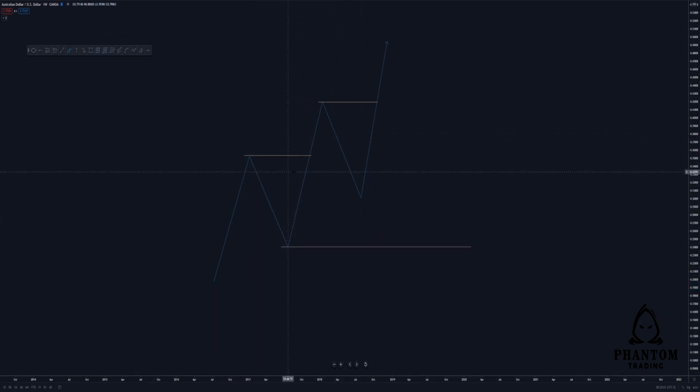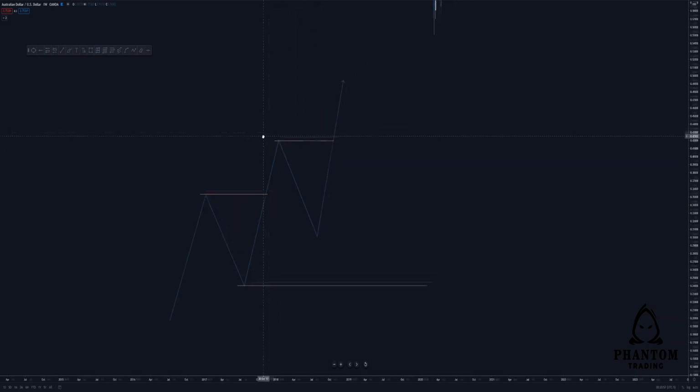Because price broke structure to the upside, it confirmed that this is a higher low or swing low. So the idea is that when price forms a higher low, it will not surpass this level. It will stay within the range. It might potentially come into it and then continue upwards.